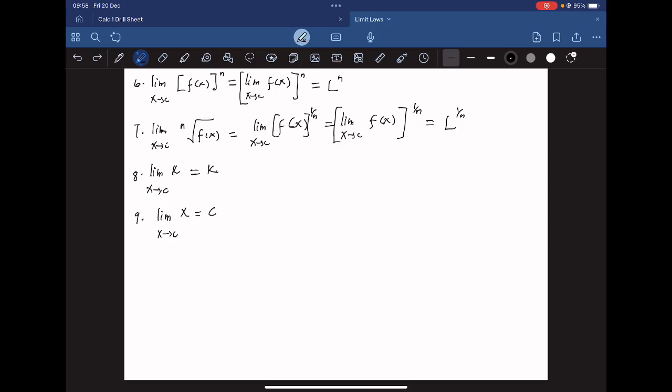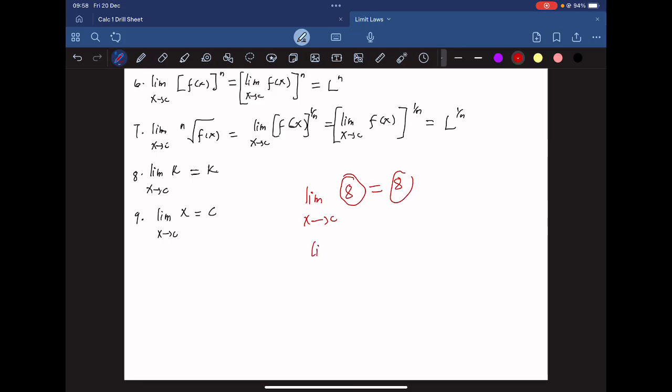For properties 8 and 9, whenever you have the limit as x approaches c of a constant, let's say we have the constant 8, we are always going to get that constant. Whenever this is a constant, irrespective of the number, as much as it is a constant, you always get the constant back.